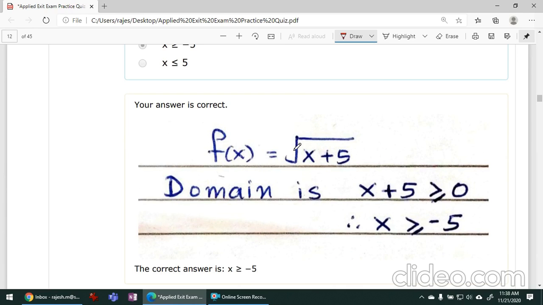You know that inside a square root you cannot have a negative number, only a non-negative number. So x plus 5 is more than or equal to 0. Now 5 goes to the other side, and it will be minus 5. So x is more than or equal to minus 5. This is the domain.